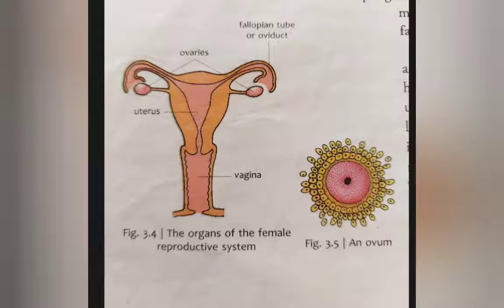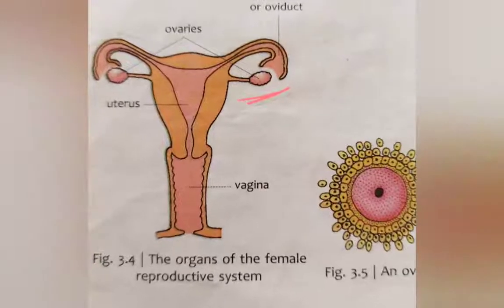The mature eggs, meaning the eggs when they become matured, move through the funnel shaped muscular tubes called the fallopian tubes towards the uterus. So basically the egg is produced within the ovary, and as the eggs become mature, they go this way through the fallopian tube towards the uterus. But basically they don't go towards the uterus until they are fertilized.